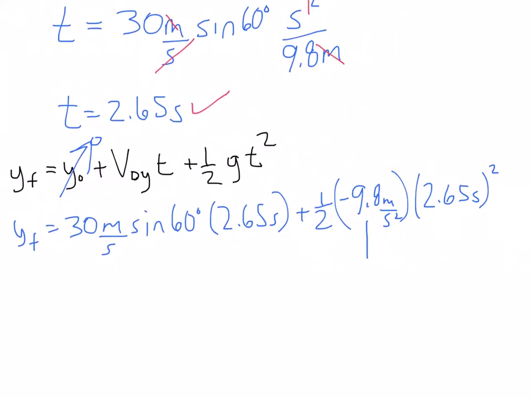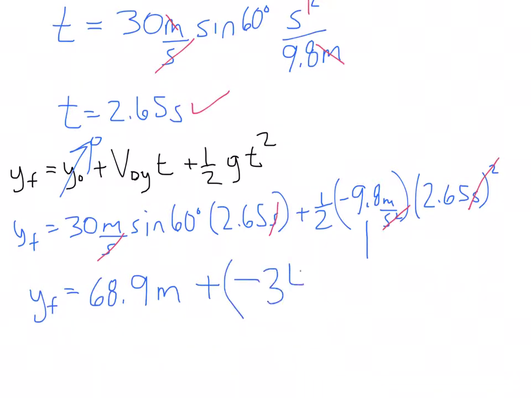So y final is equal to 68.9 meters. Notice the seconds here and the seconds there cancel out. And the seconds squared here and the seconds squared there cancel out. So we're left with a minus 34.41 meters.